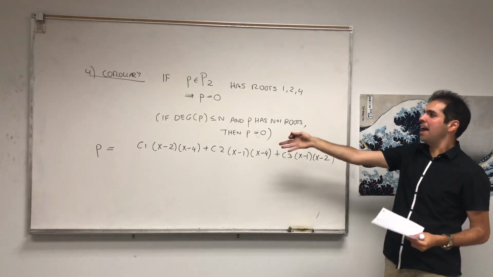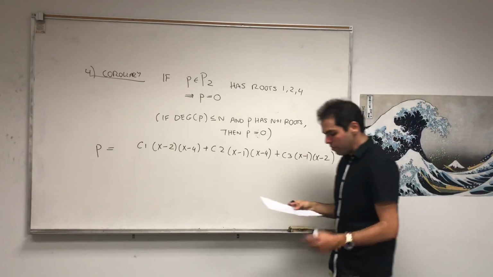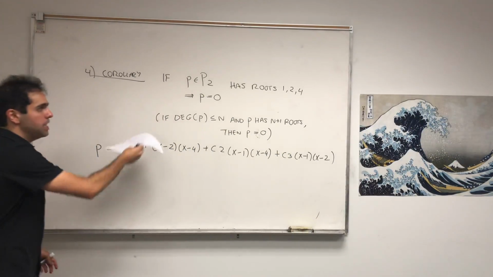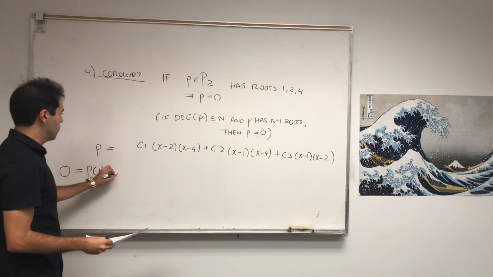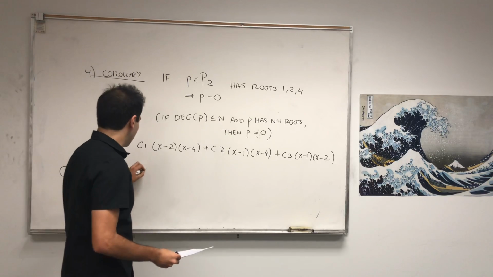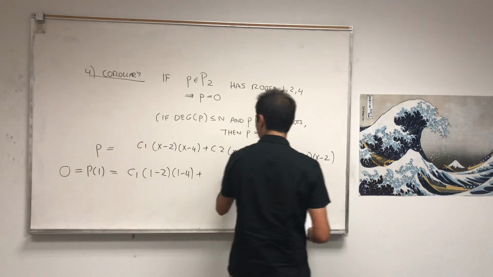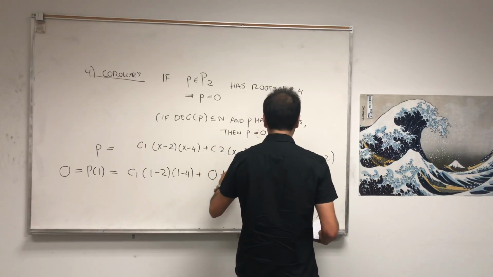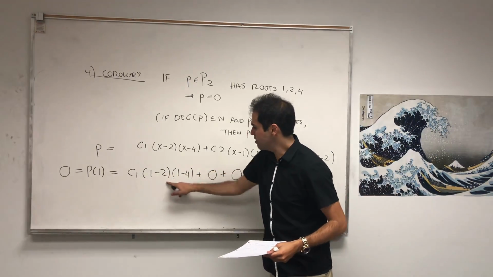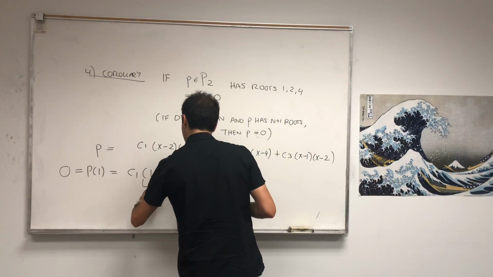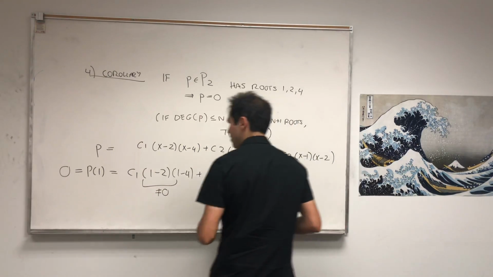Again, this set spans P2, so any polynomial you can write in this form. But then suppose P has roots 1, 2, and 4. Then P of 1 is 0. But also, P of 1 is C1 times 1 minus 2 times 1 minus 4, plus C2 times 1 minus 1, which is 0, plus C3 times 1 minus 1, which is 0. So in particular, since this is non-zero, we get C1 equals 0.